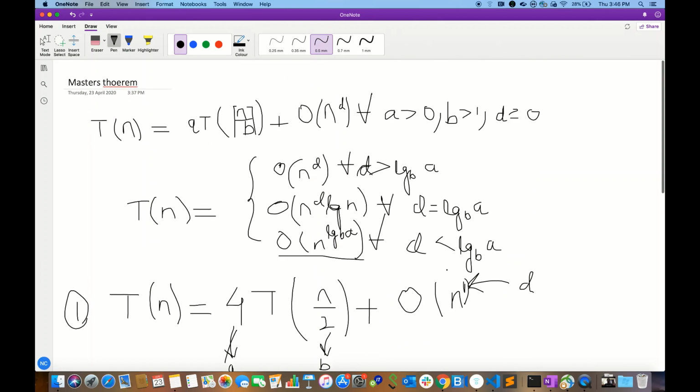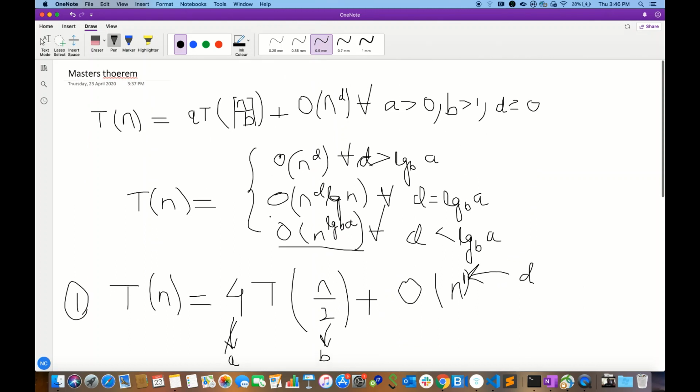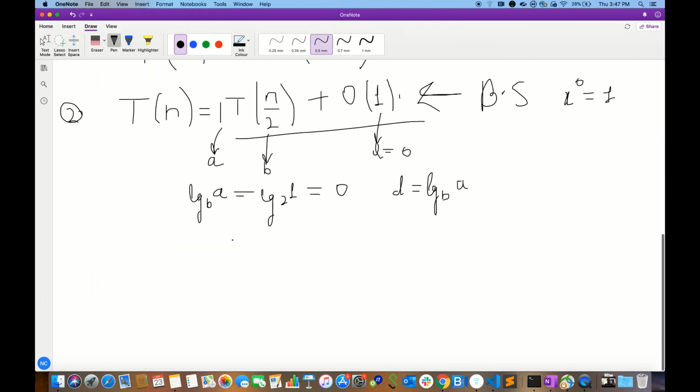So the formula which we will have is big O of n to the power d times log of n. So the total time will be big O of n to the power d times log n.